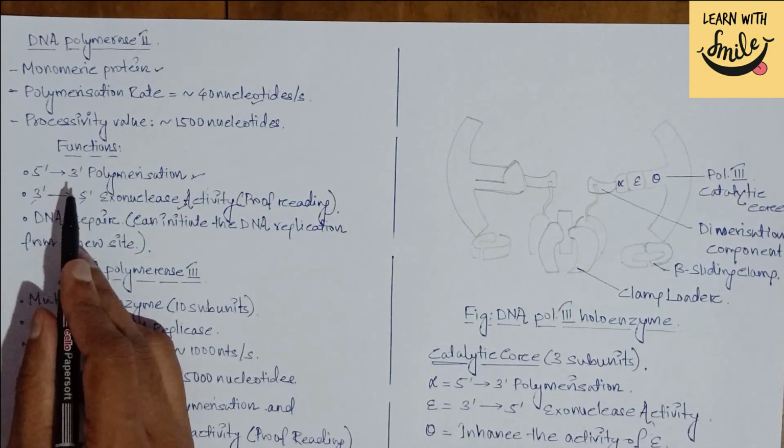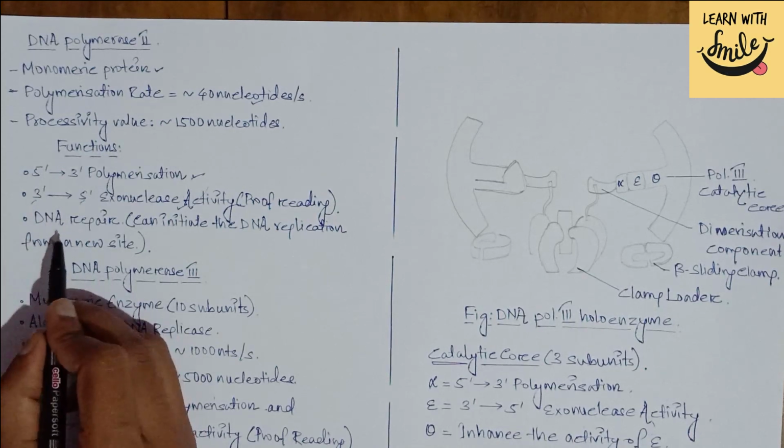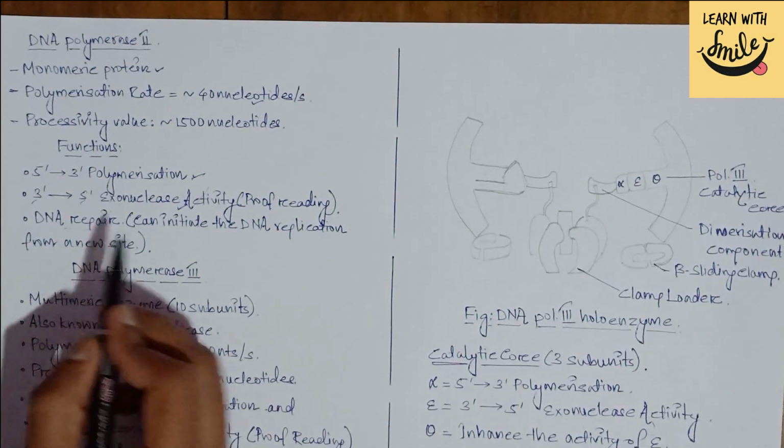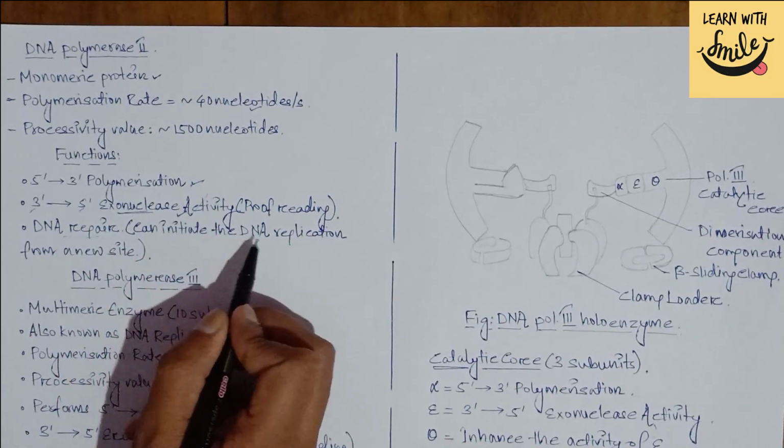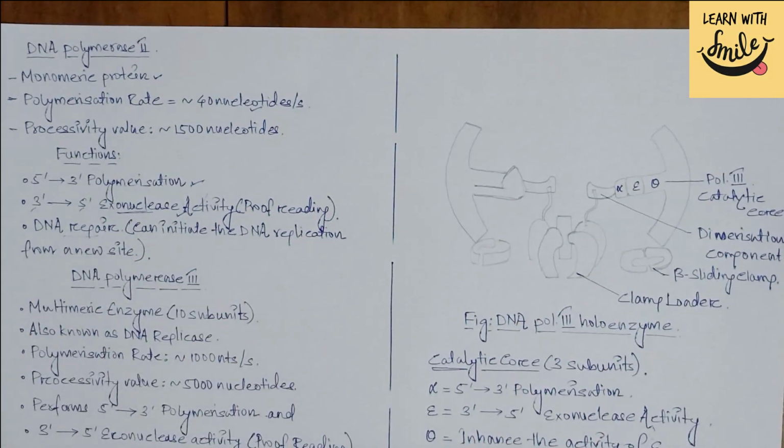Now, DNA polymerase 2 is involved in DNA repair, obviously, because it has exonuclease activity, and it can initiate DNA replication from a completely new site. For example, if there is any error in the middle of the newly synthesized DNA, then it can trim that particular error part and initiate the replication process from there.